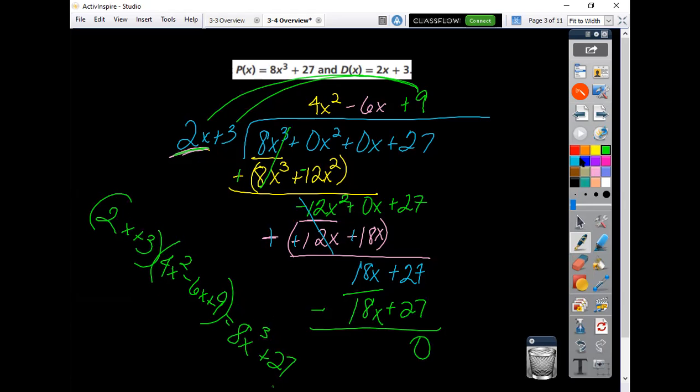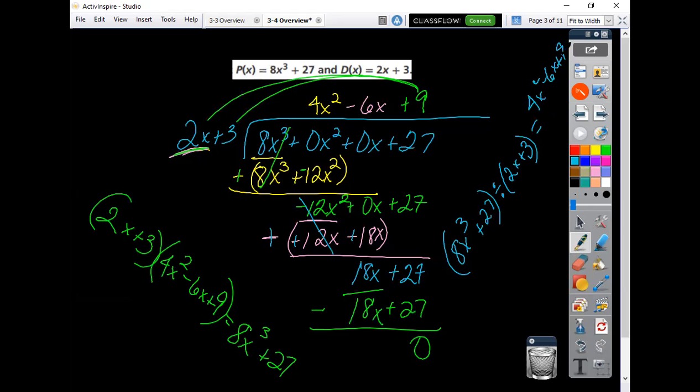Or, if I want to write it out in the quotient form, the 8x cubed plus 27 divided by, or if you like the fraction, the 2x plus 3 equals my quotient that it came out to exactly of 4x squared minus 6x plus 9.